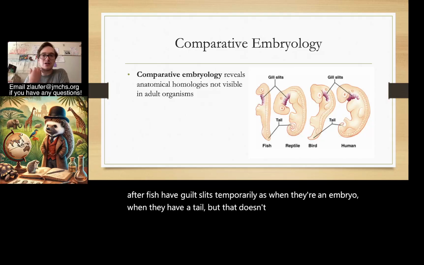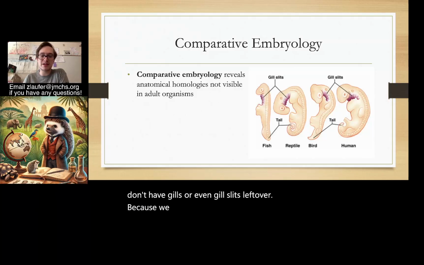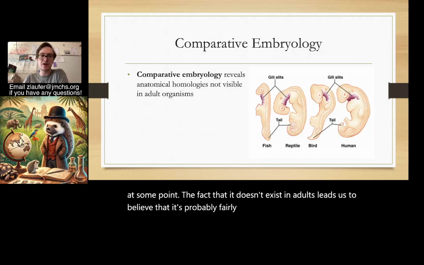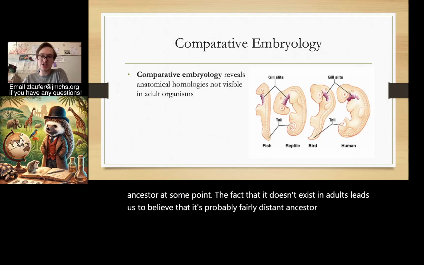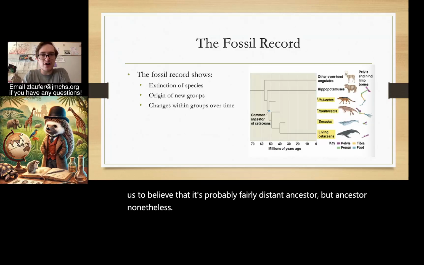Humans obviously don't have gills or even gill slits left over. But because we had them at one point, it means that at some point, us and fish probably shared a common ancestor. The fact that it doesn't exist in adults leads us to believe that it's probably a fairly distant ancestor, but an ancestor nonetheless.